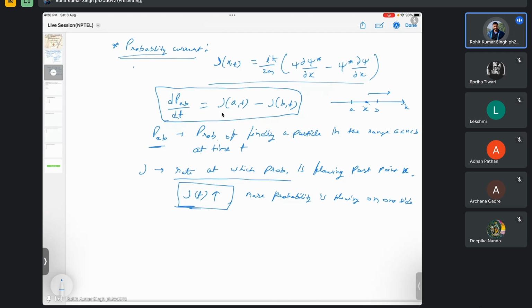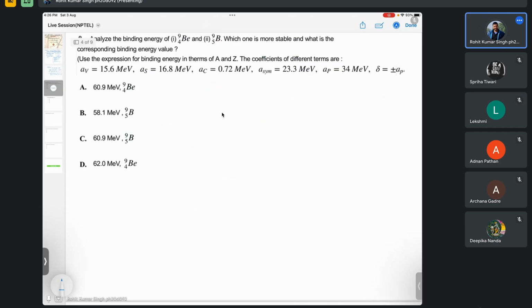So there are well defined quantum energy states, taking into consideration the Woods-Saxon potential and the spin orbit coupling. For example, there is one problem I wanted to solve.